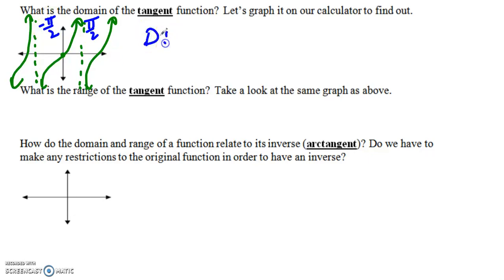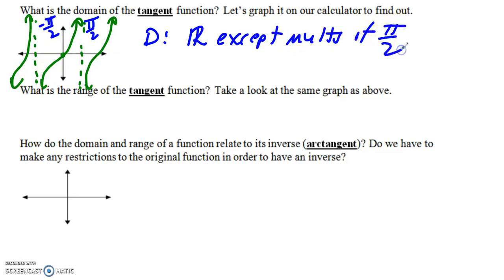So the domain of your tangent function from left to right is all real numbers except multiples of pi over 2. So really anything but these vertical lines here. The range is not affected, though. You're still going from -infinity to +infinity, so the range is still all reals.